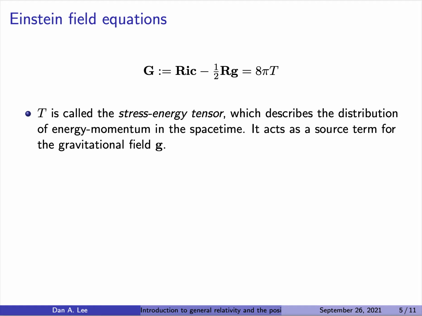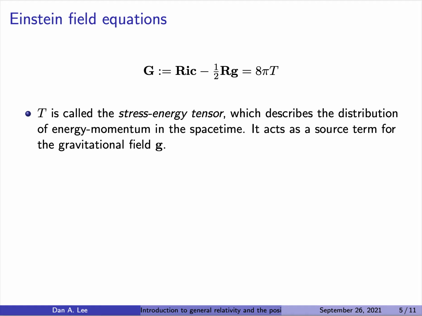You can think of this equation as a somewhat complicated analog of Newton's law of gravitation. One version of Newton's law of gravitation says that the Laplacian of the gravitational potential is equal to the mass density.